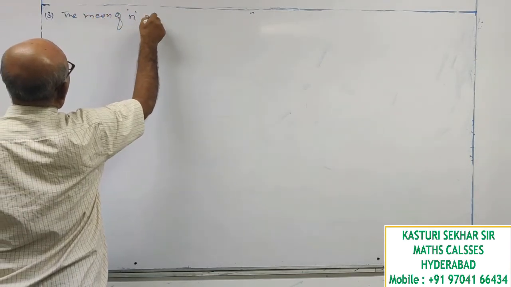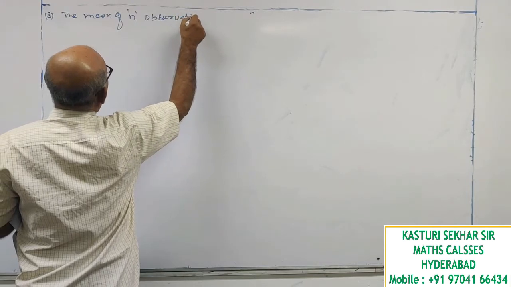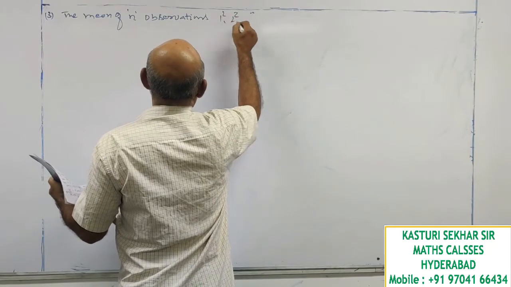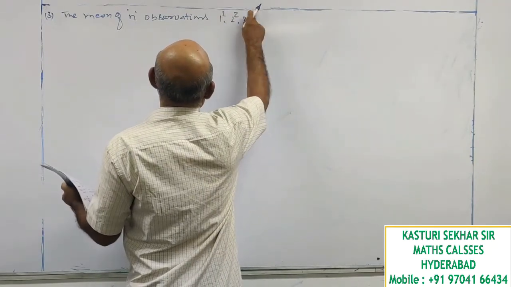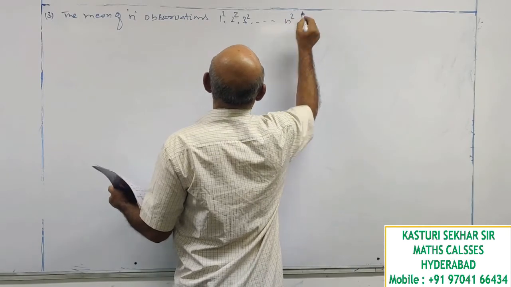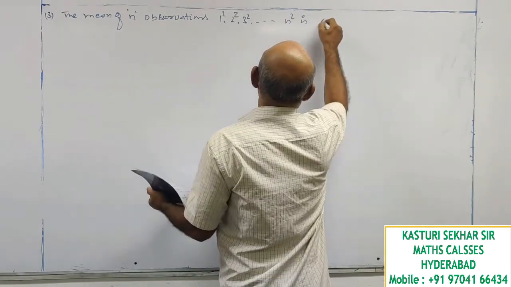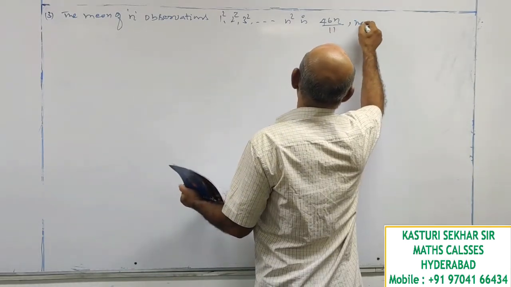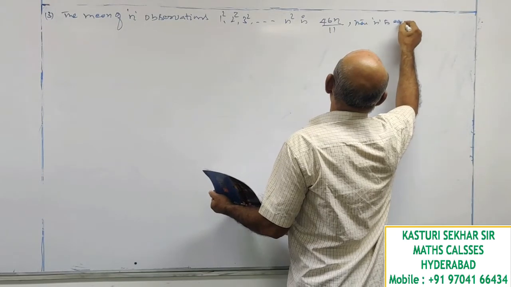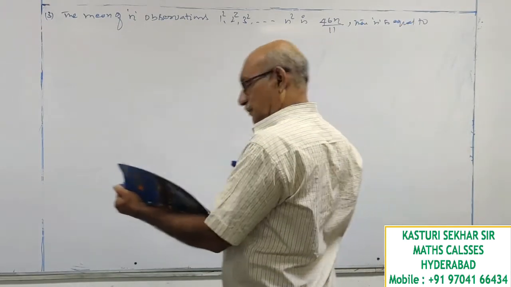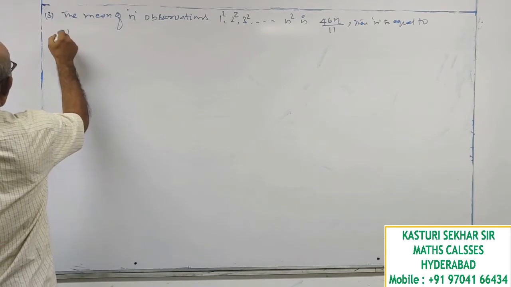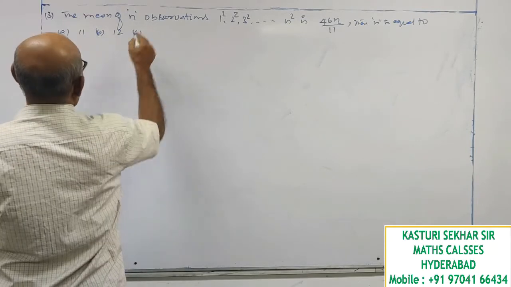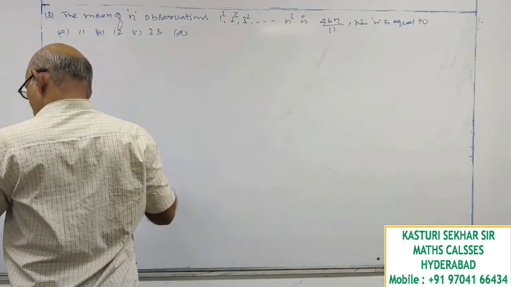The mean of n observations 1 square, 2 square, 3 square, etc., n square is 46 n by 11. Then n is equal to: option A 11, option B 12, option C 23, option D 22.